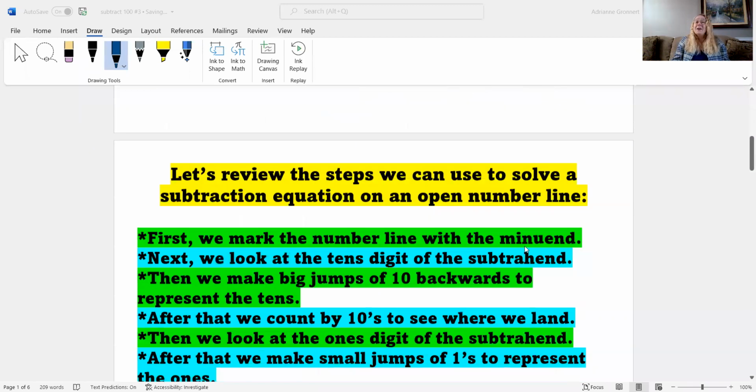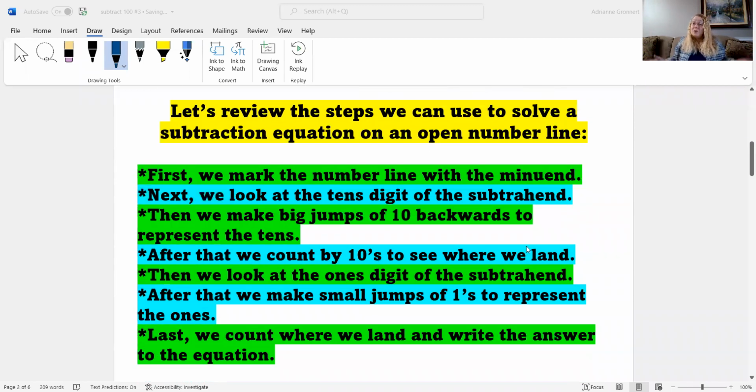So the first thing I want to do is review the steps we can use to solve a subtraction problem on the open number line. Do you remember what to do first? Yes. First, we mark the number line with the minuend, or the first number in the equation. Next, we look at the tens digit of the subtrahend.